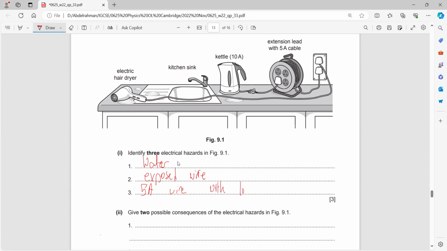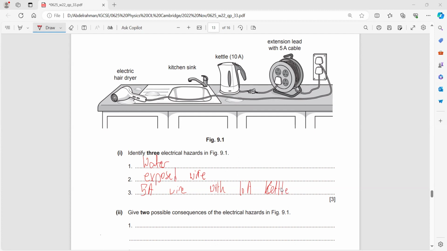Can I write difference in ampere per kettle? Difference in the current. But for example, if it was the other way around it would have been okay. If the kettle was only 5 amperes and the wire was 10 amperes it would have been okay.